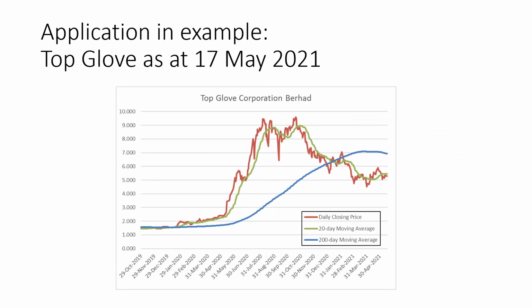Before I end this video, let's apply what we have just learned to analyze a real-world example. The figure shows the share prices, short-term moving average, and long-term moving average of Top Glove. When the share price increased in early January 2020, the buy signal, as indicated by the moving average lines, was unclear.